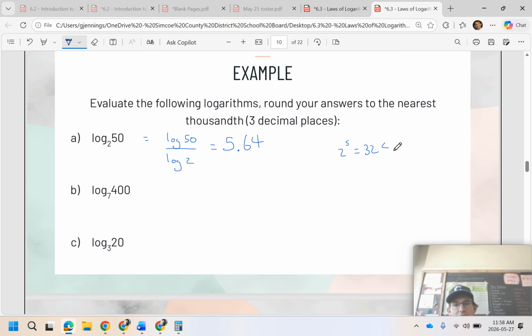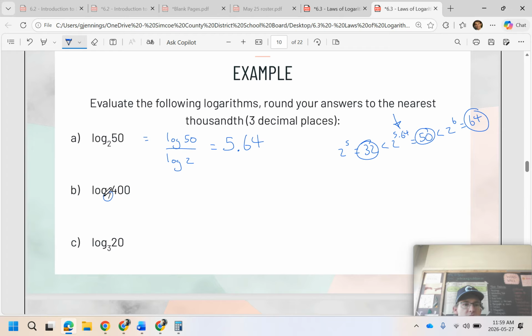That's clearly less than 2 to the power 5.64, which is ostensibly equal to 50, which is also less than 2 to the power 6, which gives me 64. Okay? 50 sits in the middle of these three numbers, and 5.64 is quite believable from that point of view. So just do a quick sanity check and make sure things work out.